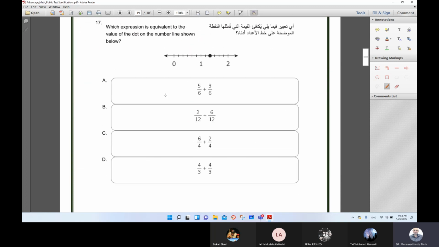Okay, number 17. Which expression is equivalent to the value of the dot on the number line shown below? We have this dot plot, and here we have many operations. Which one is the correct, please? Try to find the correct choice, then tell me.